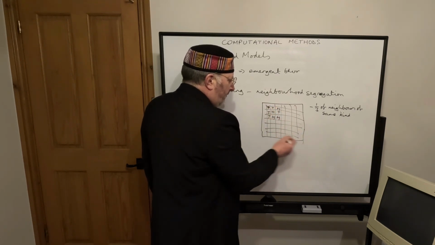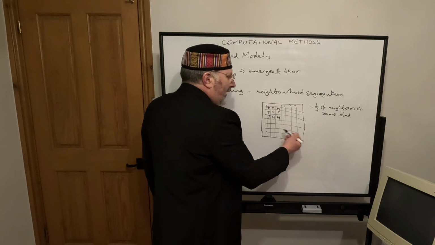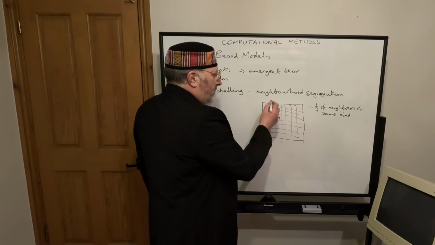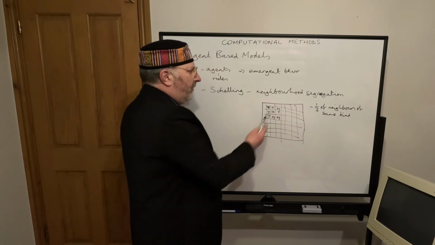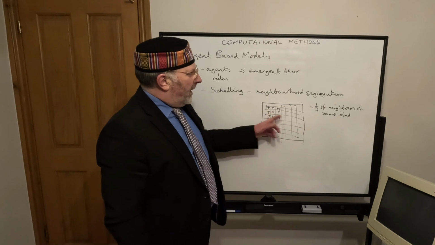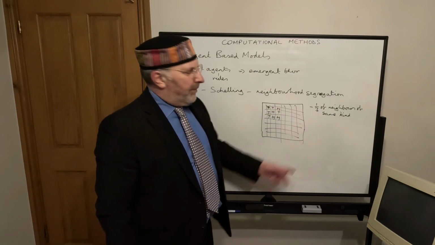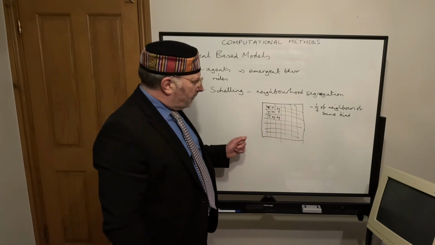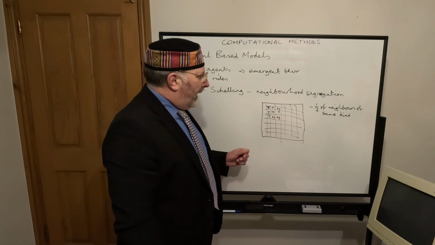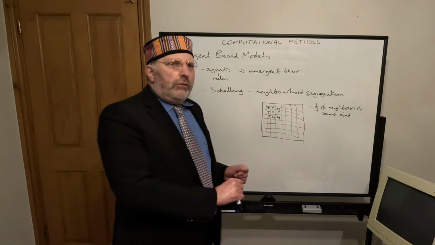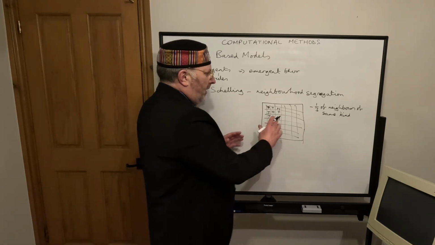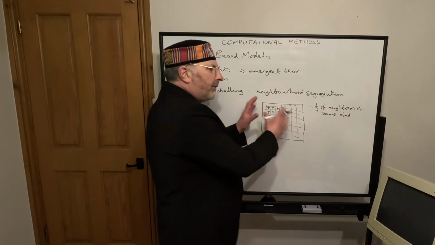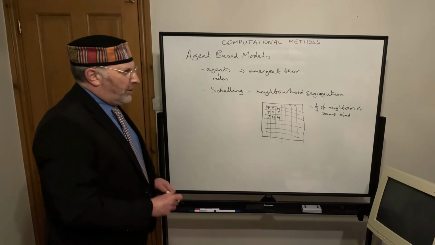So that on a 64 square chessboard, that leaves some spaces free, and at each move, anybody who is not surrounded by at least a third of their neighbours being of the same kind can move to a blank square, an empty square. And he showed that if you keep applying that rule, then you get blocks of all heads here, all tails there, that this segregation occurs.